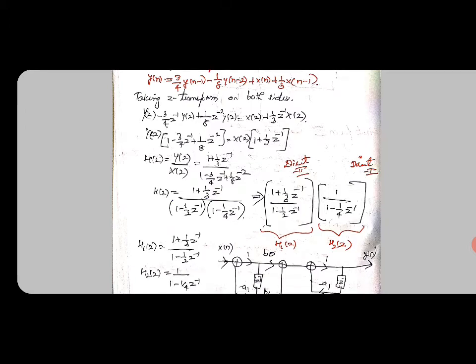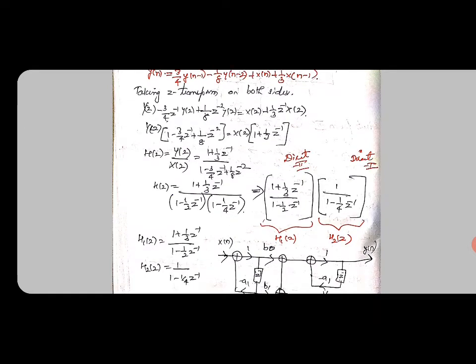Here we need to know that this is a cascade form. So we can write h of z as 1 plus 1 by 3 z inverse divided by 1 minus 1 by 2 z power minus 1 into 1 minus 1 by 4 z power minus 1.